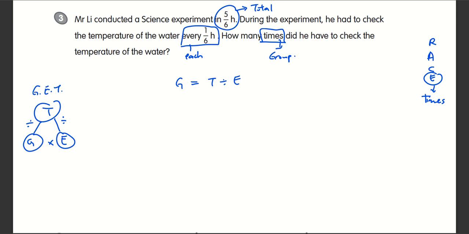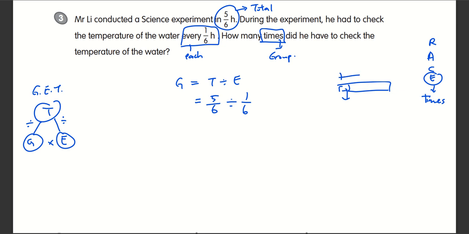The number of times he has to check will be the total, which is 5/6 an hour. Okay, I'll just remove the units here. Divide by the 1/6. So in other words, in this amount of time here, how many times can I take out this amount?